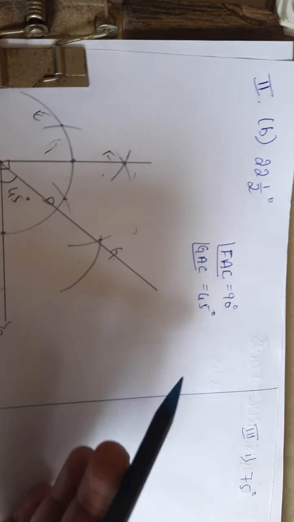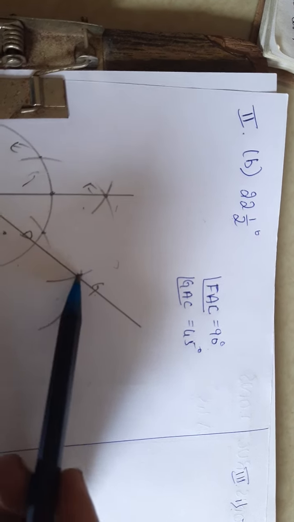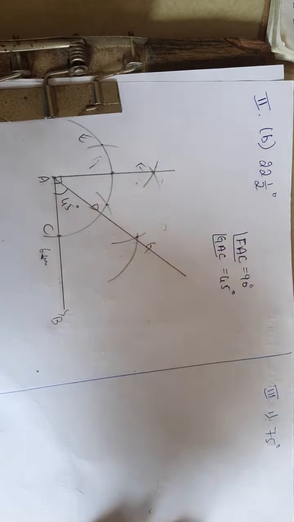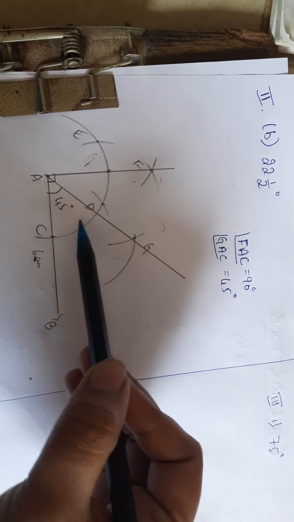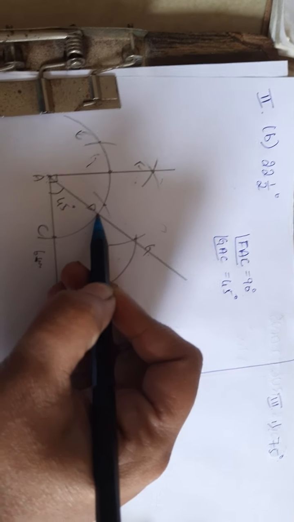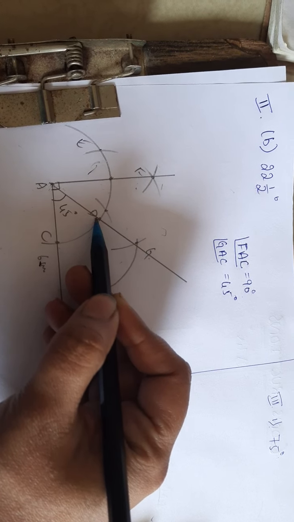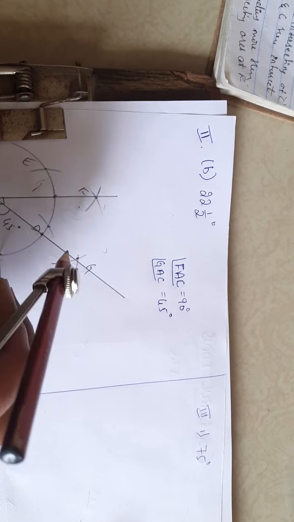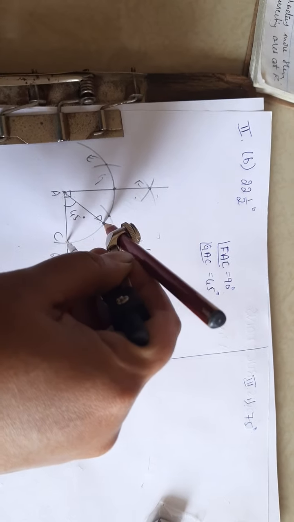Here I have written for your reference. Angle FAC is 90 degree and a new angle GAC is 45 degree. Now this angle GAC is there. For this we need to draw the angular bisector. For this I will consider this point C, and this point is there. No, that is not D, children. I have not labeled it. Take that arc length as the radius, as we did for 45 degree.